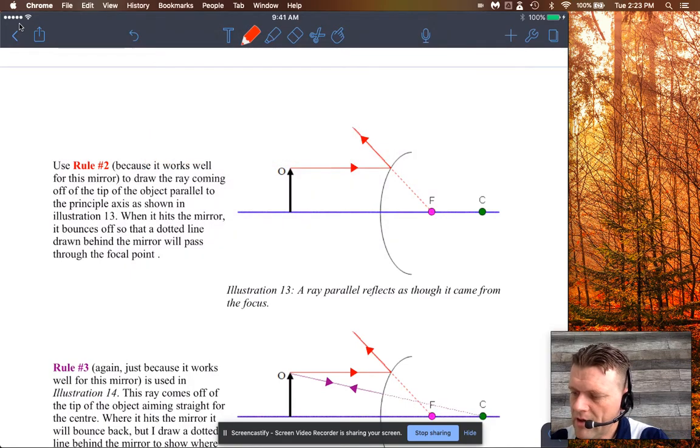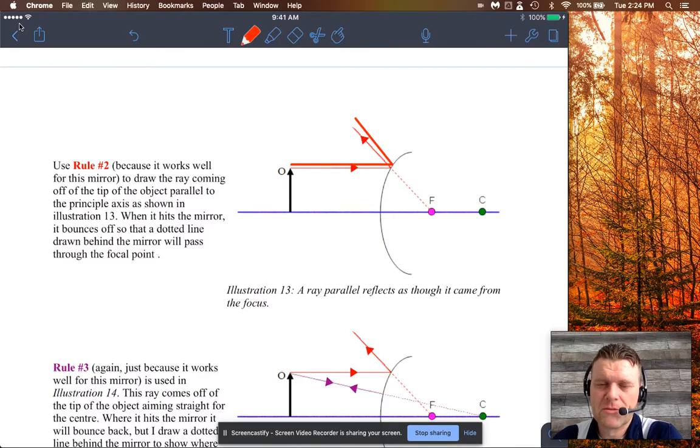If you're coming in right here, and you hit the mirror, due to the law of reflection, you're going to go that way. There's no convergence, but what we extrapolate, I guess would be the right word, is we can draw a dotted line along the reflected line. Not the incident ray, but the reflected ray, and that will go through the focal length.